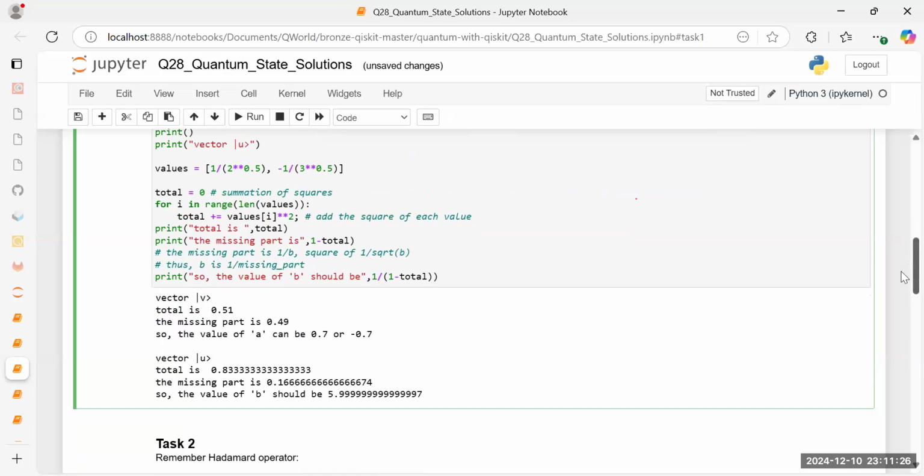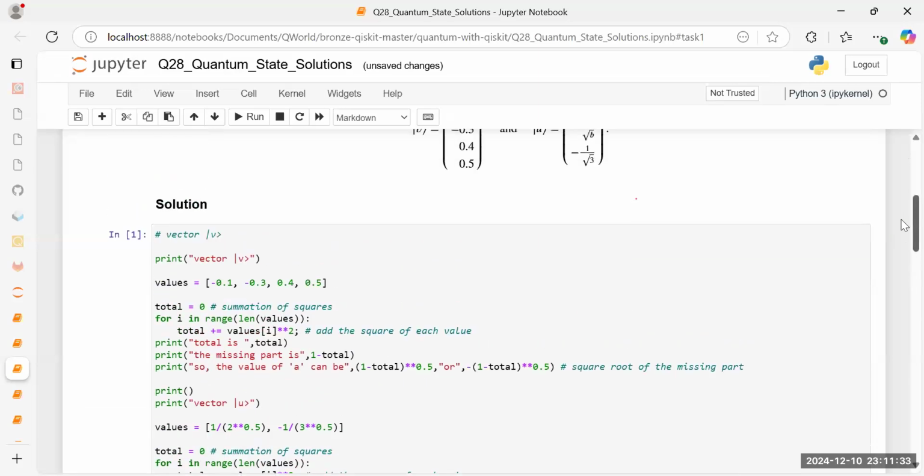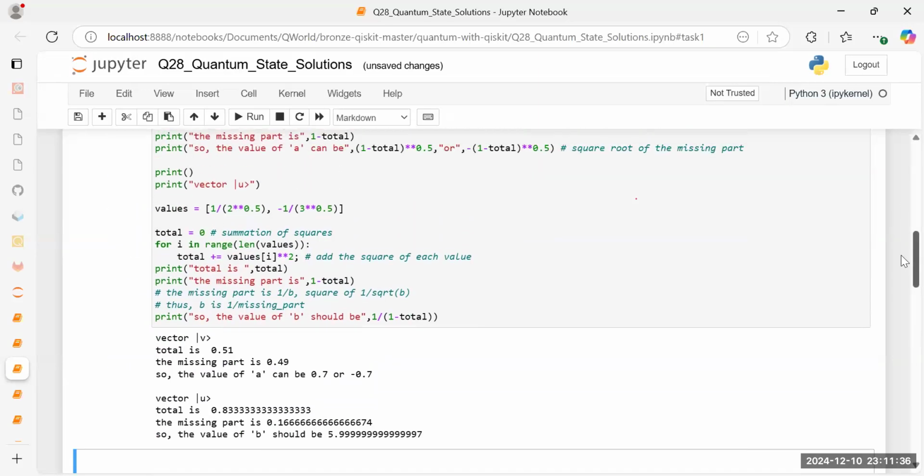Oh, okay. So let me see. If I divide 5 by 6, this is definitely 5 divided by 6, and this is what we have left.